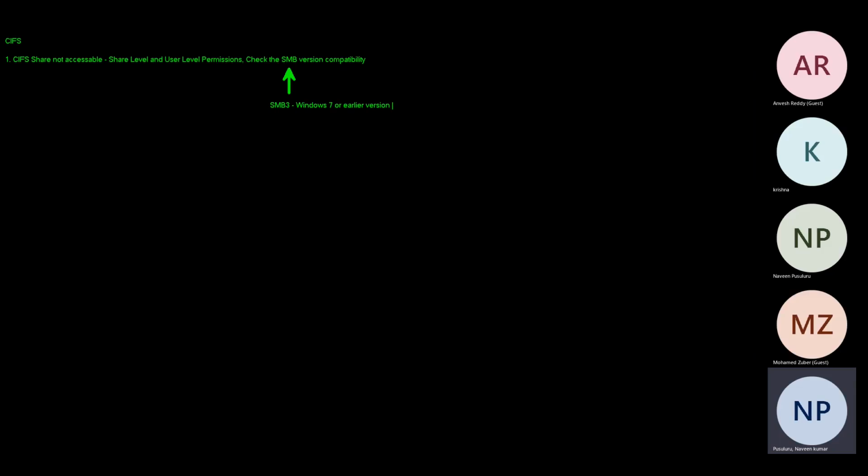It should be SMB2 or SMB1 only. Windows 10 or Windows 11 and higher versions support it, and at the server level, Windows 2008, 2012, 2016, 2019, 2022 will support SMB3. Prior versions like 2003 will not support SMB3. So that is one more thing you need to check.